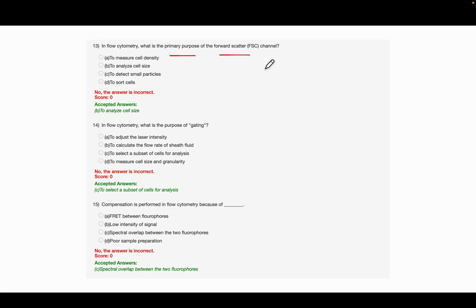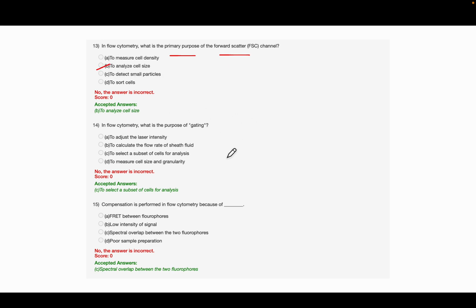To measure cell density, to analyze cell size, to detect small particles, or to sort cells. So the primary purpose of the forward scatter channel, the FSC channel, is to analyze the cell size.